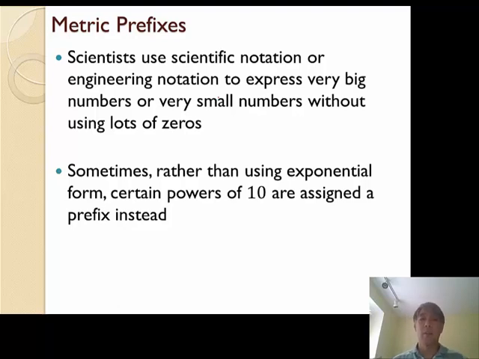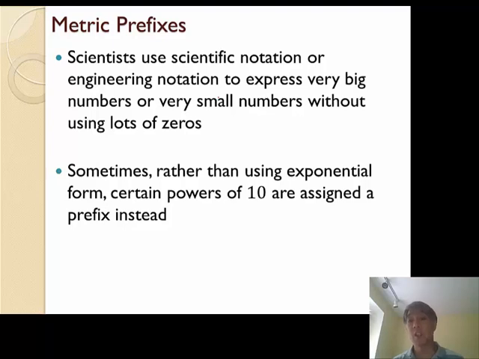So it's a lot easier to use those prefixes than always using lots and lots of digits or even using scientific notation. Rather than using the exponential form, certain powers of 10 are assigned a prefix for easier communication.